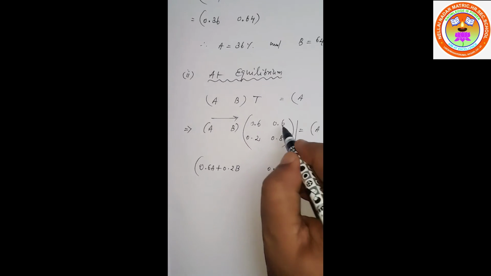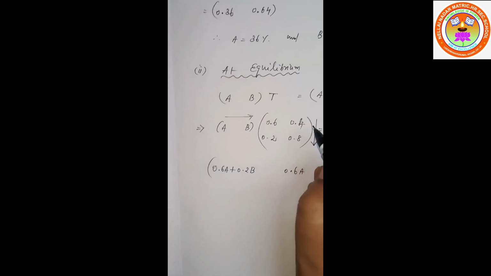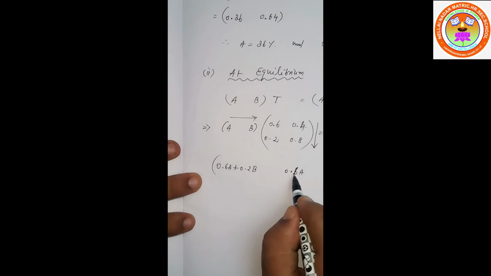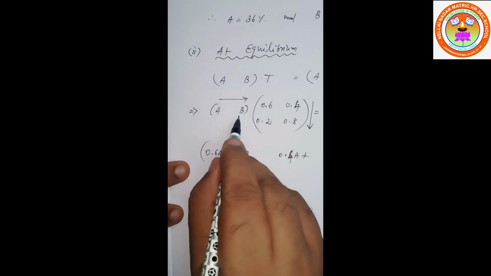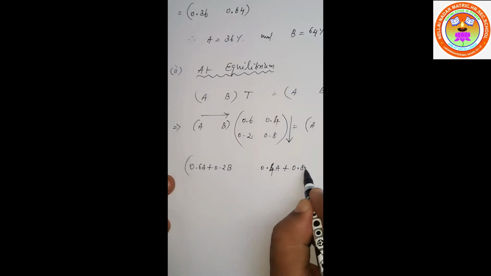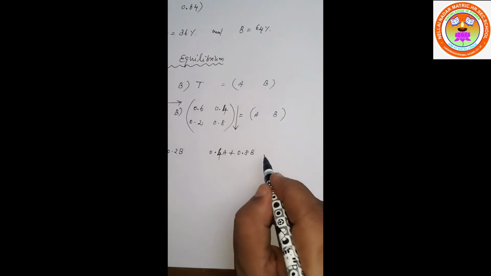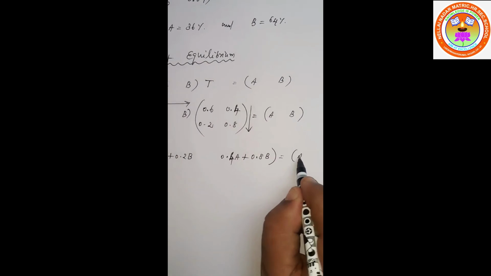Here I made a mistake, this is 0.4 only. So A into 0.4, 0.4A, plus B into 0.8, 0.8B, that is equal to A, B.